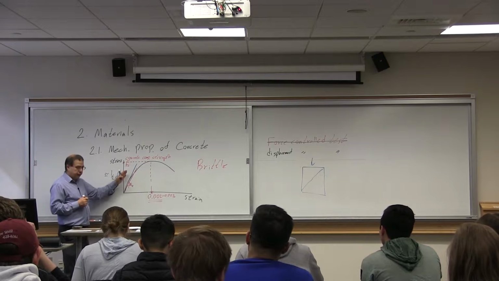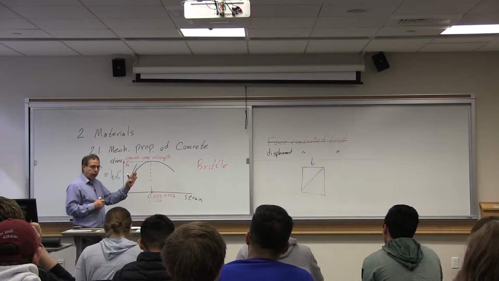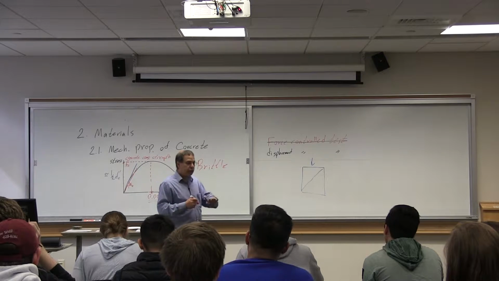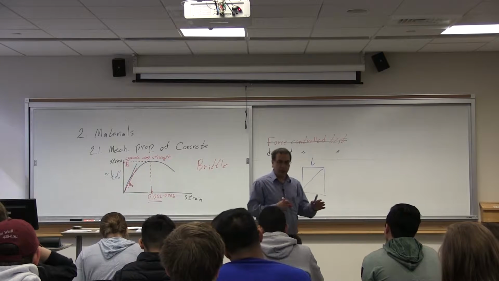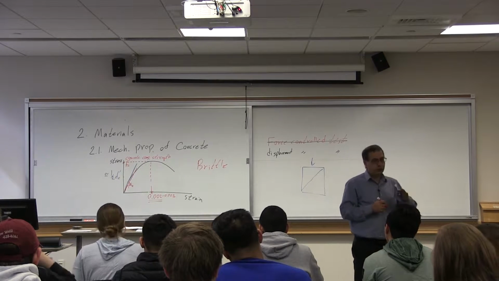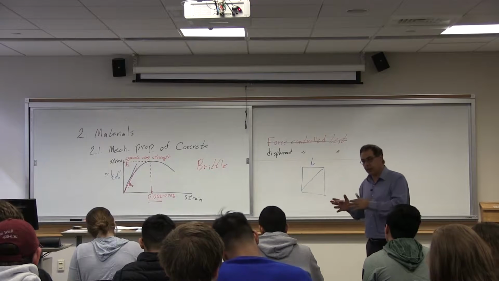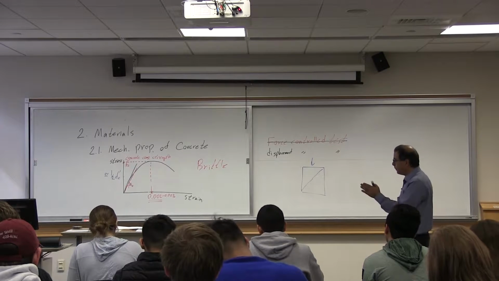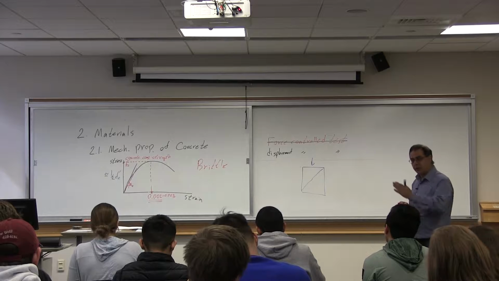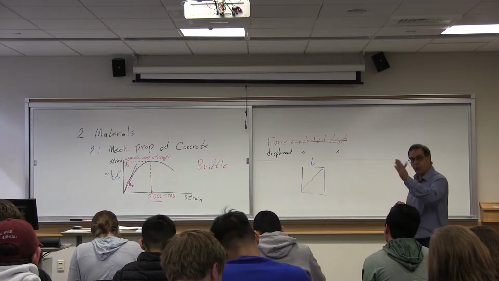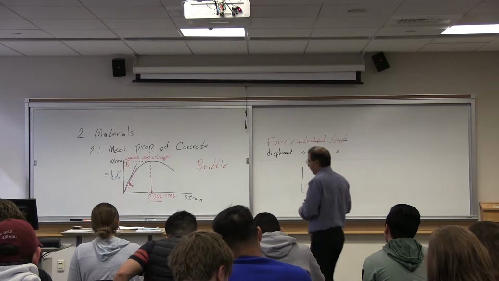The blue line, if you say what is the slope of that blue line, is the initial modulus of elasticity of concrete. We don't usually use the initial modulus of elasticity. We use somewhat smaller to represent the variation over the nonlinear part.